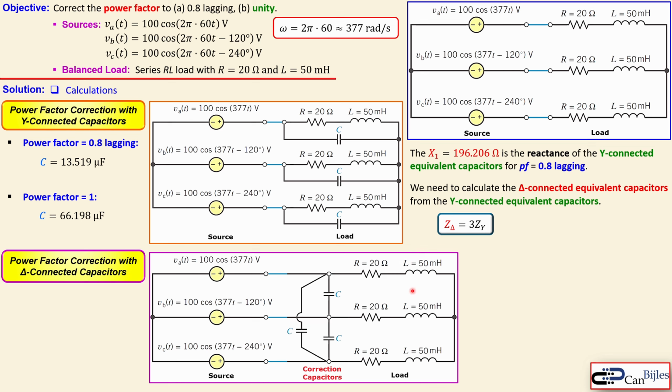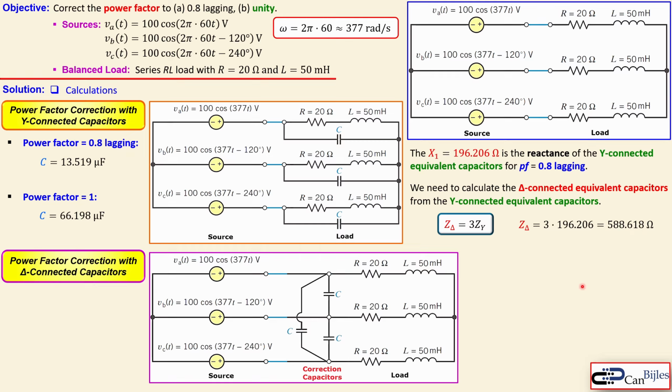If all the impedances are exactly the same, the delta impedance must be 3 times the Y impedance. That means the reactance that we have calculated here must be 3 times larger. So we have then Z delta must be 3 times this 196.206. That is then this value.